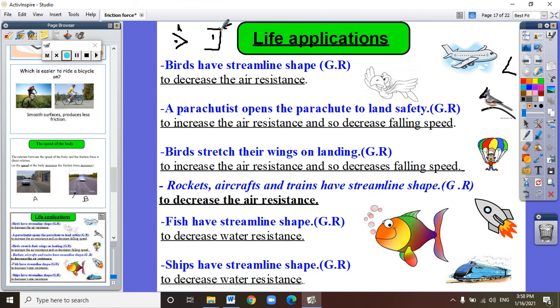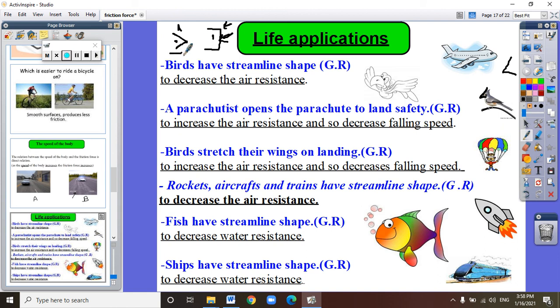The surface area is bigger in this shape. Very good. So when the surface area increases, the friction force increases or decreases? Very good. It increases. So will the birds fly and move very easily, or will it be difficult for the bird to move if they have this shape? Because this shape increases the friction force, they will have difficulty moving.